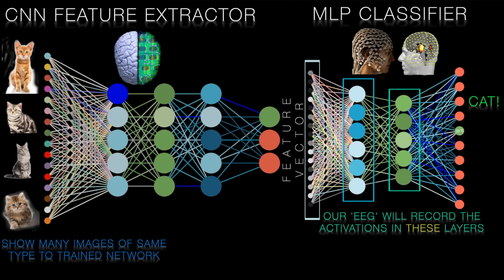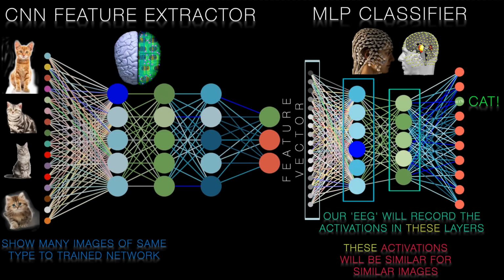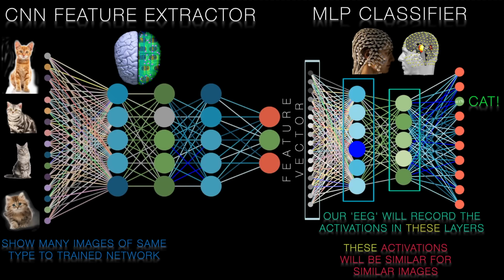Just like the output layer, these activations will be vectors of numbers. We then need a way to cluster these large vectors. Much like the human EEG, there should be clusters of similar activations when our AI is presented with similar images. That will help us determine patterns of activation that enable the network to classify.